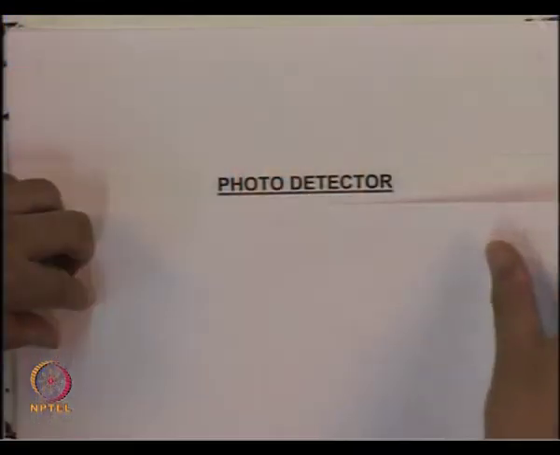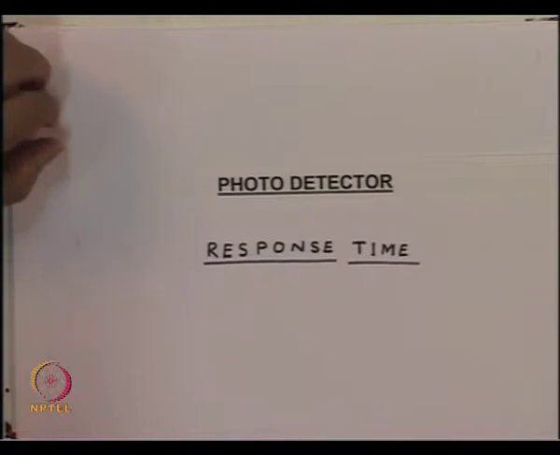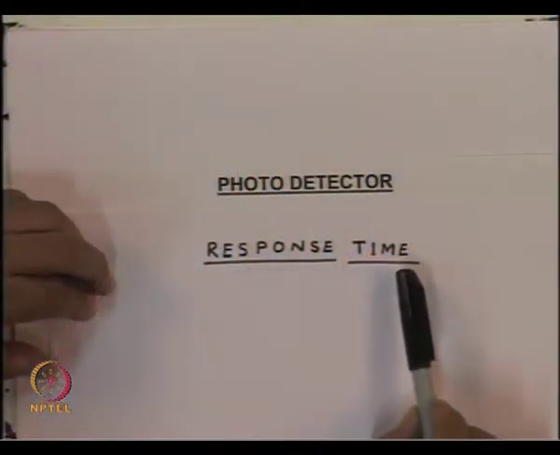Today we will discuss another aspect of the photodetector, and that is what is called the response time of the photodetector. We have seen to detect a signal which is fluctuating at a high rate, that means if the bits are coming at high speed, then your photodetector must respond properly to that fluctuating optical intensity.